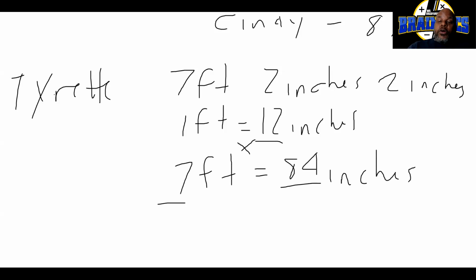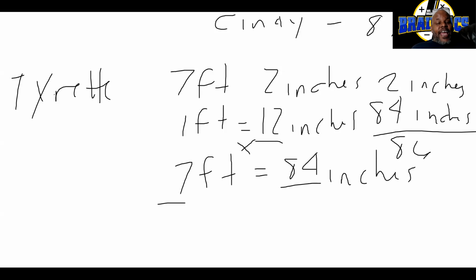All right, so now we're going to add 84 plus 2 equals what? 86. So Tyrette is 86 inches. So Cindy is 87. Tyrette is 86. Man, y'all are doing an amazing job. All right, let's see who's next.